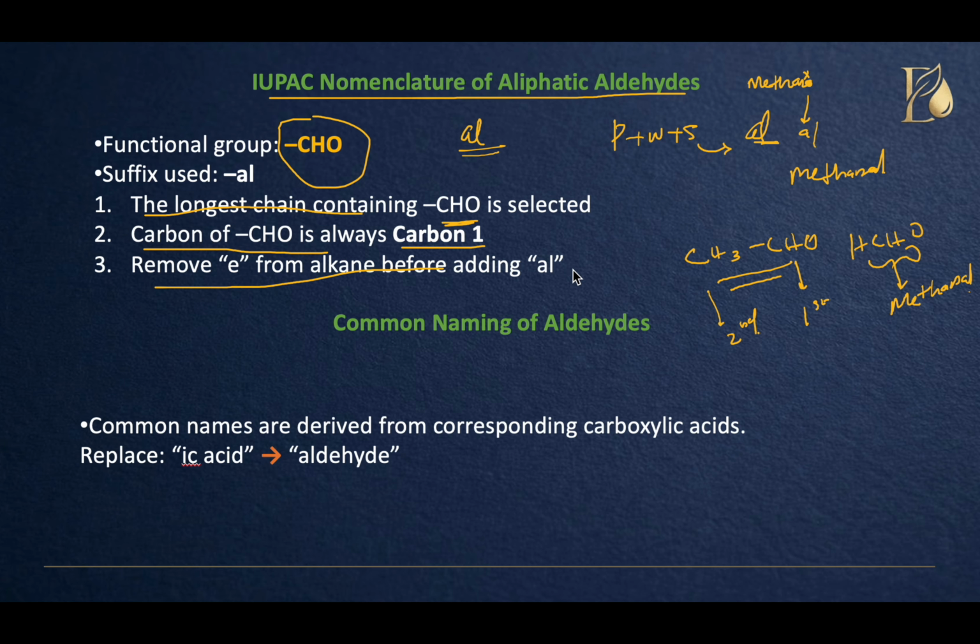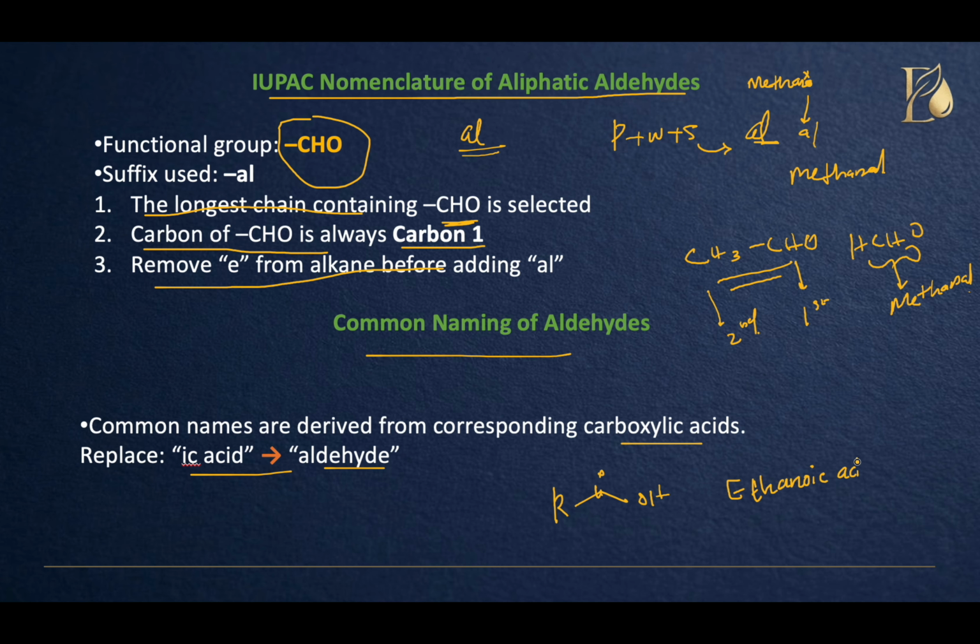We will do some problems, it will be more clear for you. The next thing, in common naming of aldehydes, what is the method? Common names are derived from corresponding carboxylic acids, replacing ic acid by aldehyde. There are some compounds called carboxylic acids. What is a carboxylic acid? COOH. These compounds are carboxylic acids, right?